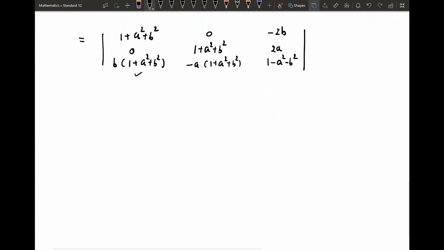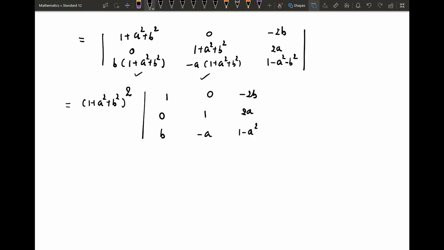So outside there will be square, and the determinant 1 0 b, 0 1 minus a, 2b 2a 1 minus a square minus b square.